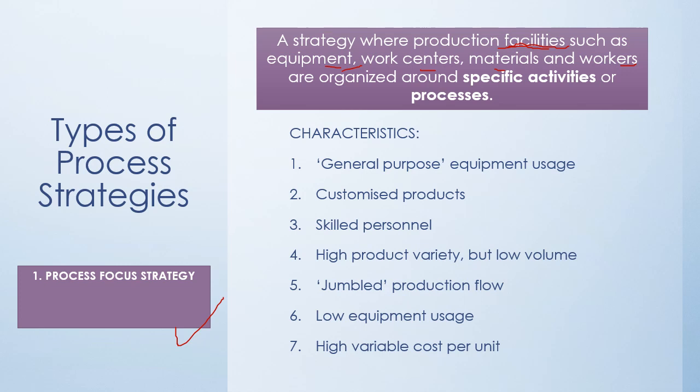So process focus strategy says that when facilities are organized around specific activities or processes, it is called as process focus strategy. So process focus strategy is where facilities here are organized according to the specific activity. Specific activity here means all the activities that the organization has. So each of the activity will have its own facility.